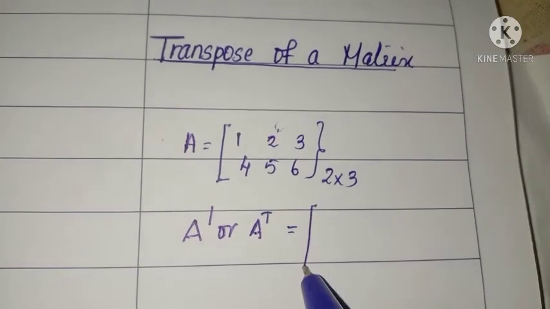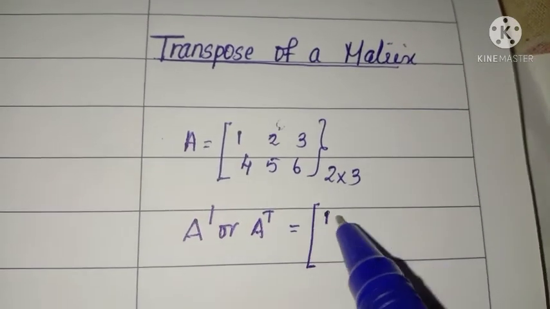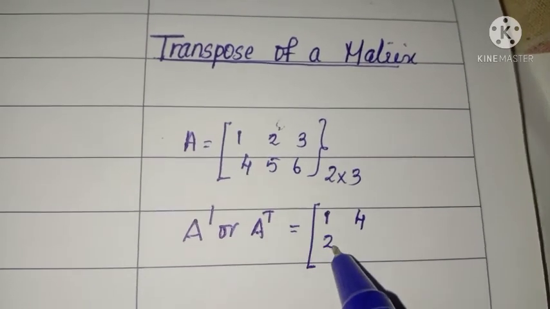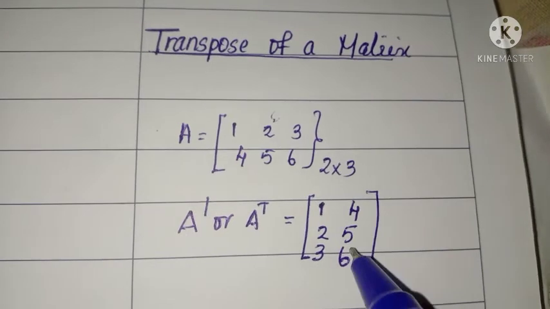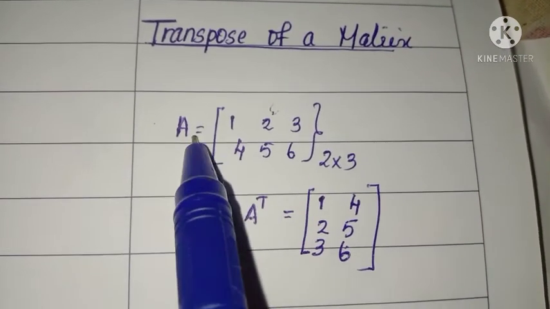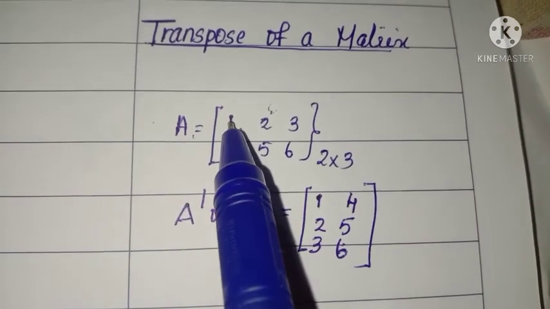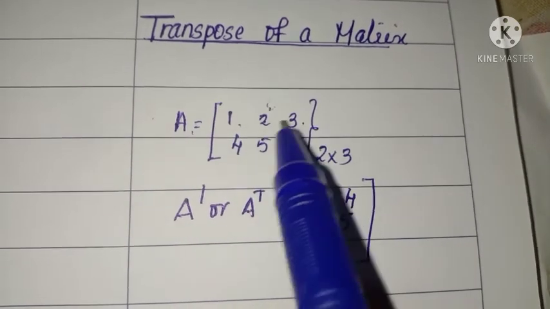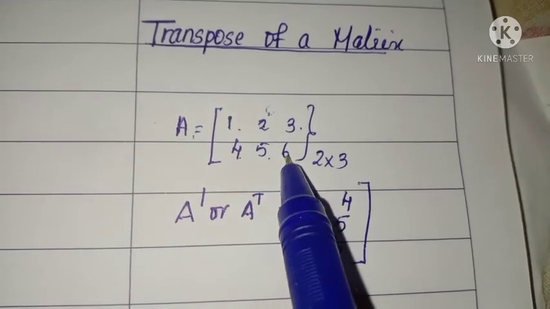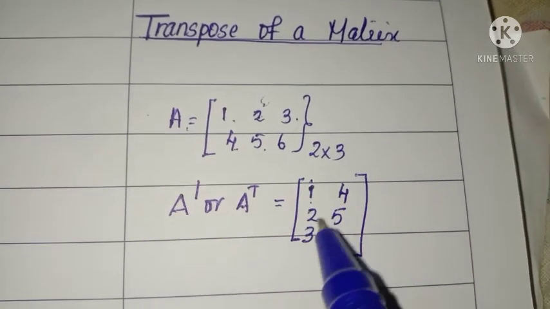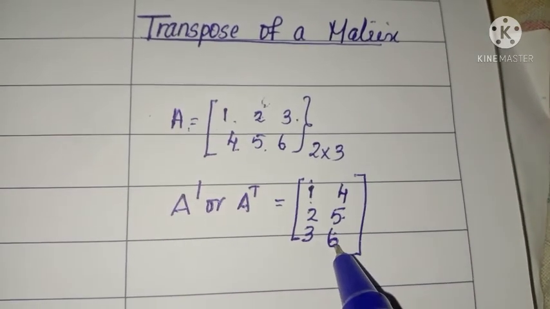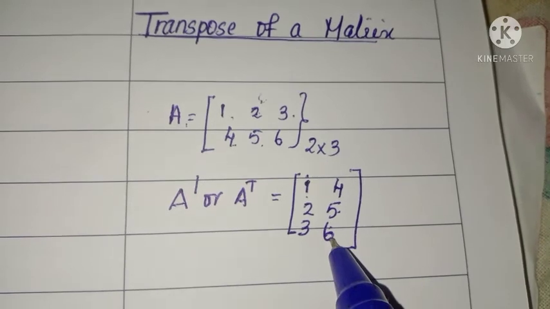It is equal to the matrix [1, 4; 2, 5; 3, 6]. See here what happened. In the given matrix, the rows are 1, 2, 3 and 4, 5, 6. These are the two rows. But here 1, 2, 3 and 4, 5, 6 become columns in this matrix.